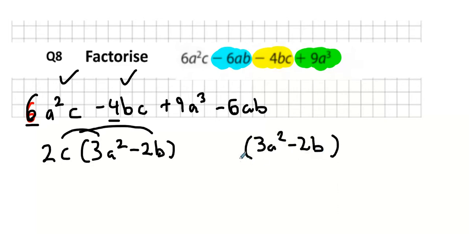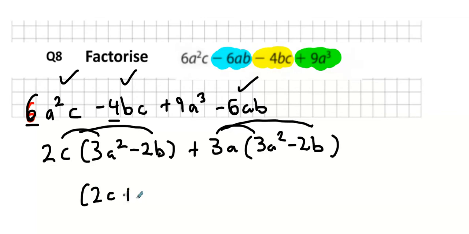What number multiplies by 3a squared to give you 9a cubed? 3 times 3? 9. But I need an a on the outside, don't I? And what's 3a times 2b? Yeah, everything's correct now, and lo and behold, here's my answer. Lads, that's the last question, is it? Okay.